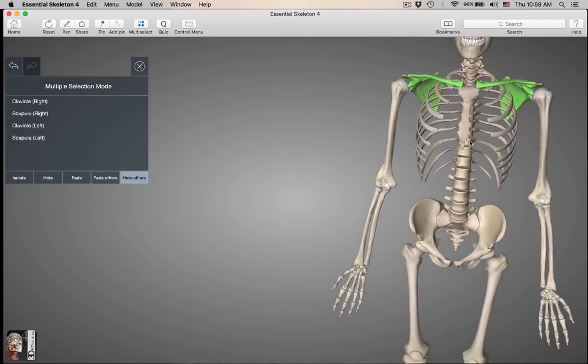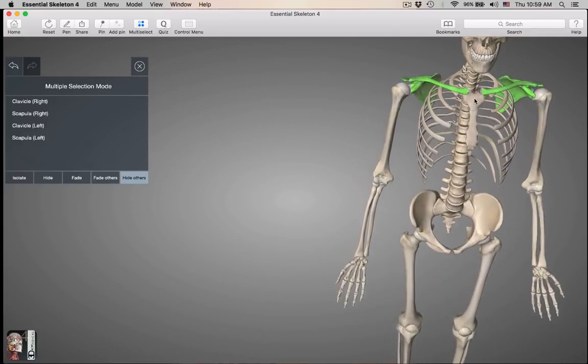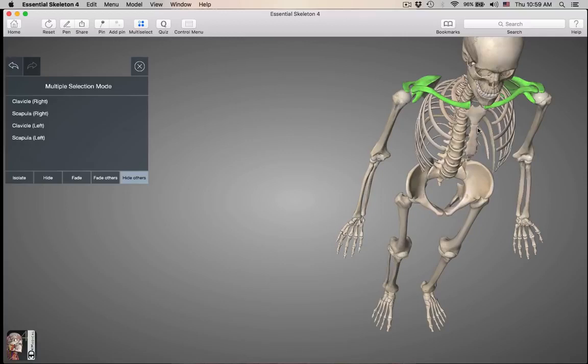And if you look at these two bones, the clavicle and the scapula, the only bone of the pectoral girdle that has direct contact to the axial skeleton is what? Here's the clavicle and the scapula. Which one has direct contact with the axial skeleton?